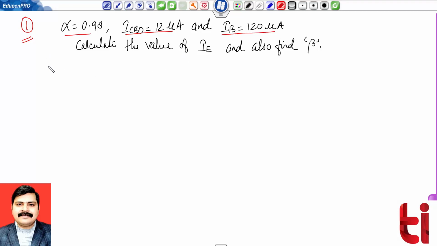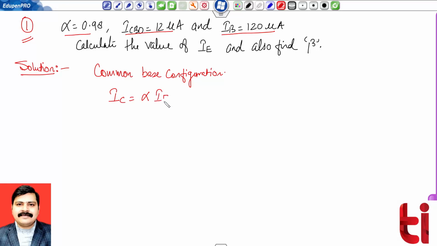If you recall, for the solution part, we have discussed current IC equals alpha times current IE plus ICBO. This is the relation we have used. Now we have to find the value of current IE and beta. Let's start with the analysis of beta.